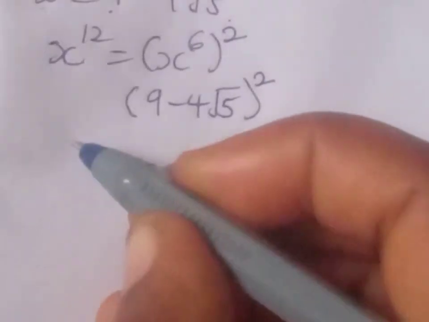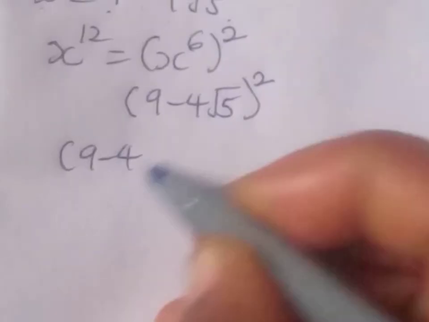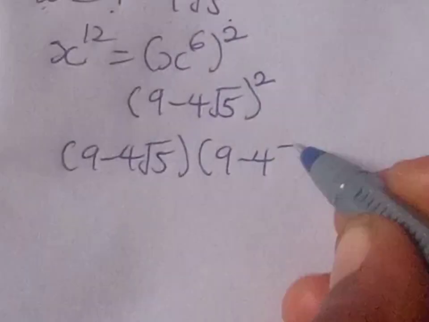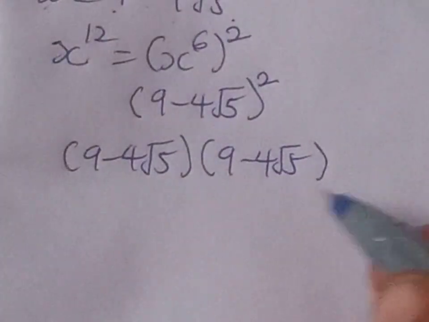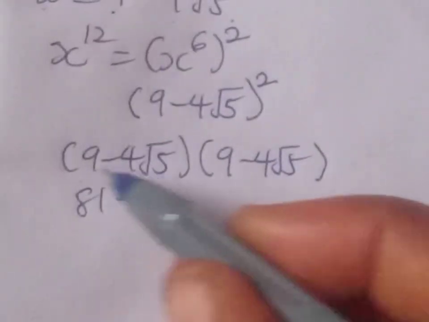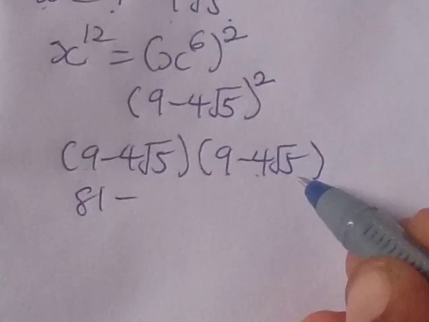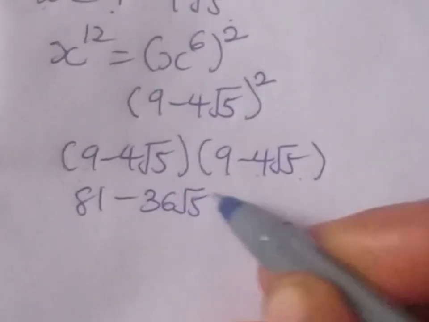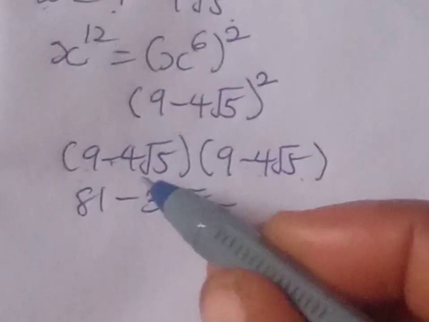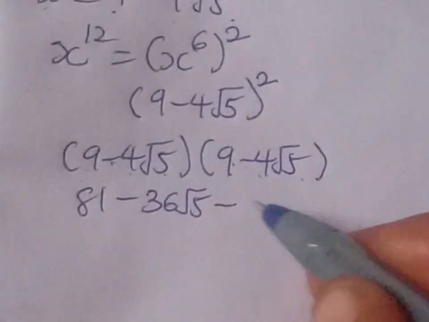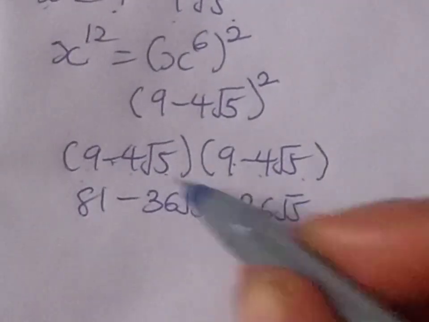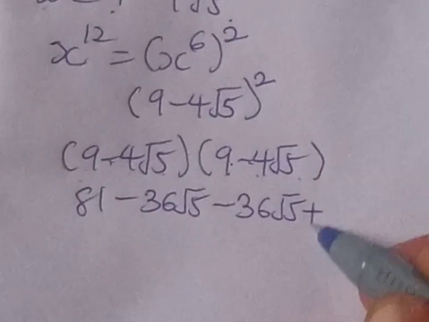Let's expand. 9 minus 4 root 5 multiplied by 9 minus 4 root 5. 9 times 9, 81, minus 9 times 4 root 5 will give us 36 root 5, minus 4 root 5 times 9 will give us 36 root 5, minus times minus will give us plus.